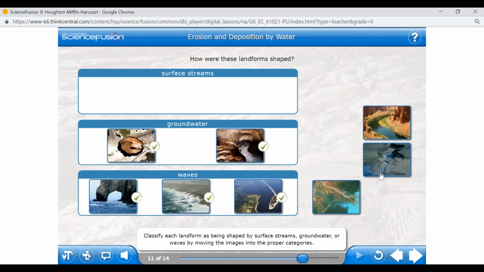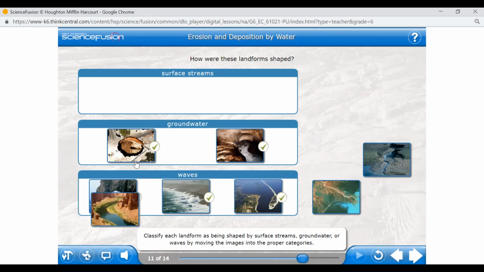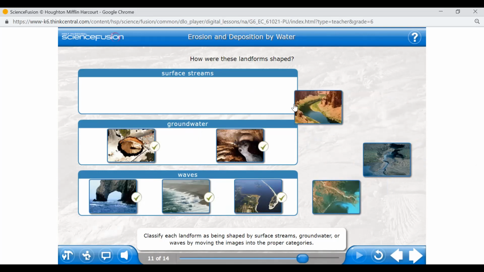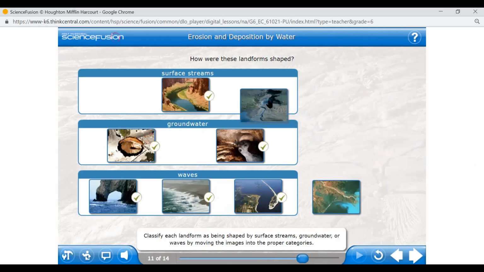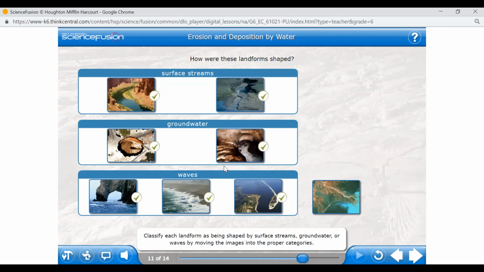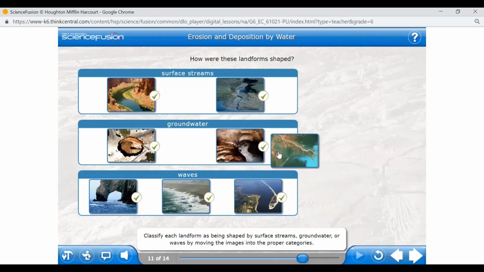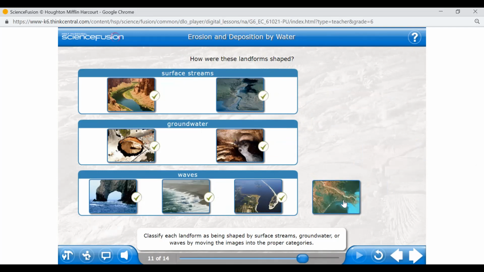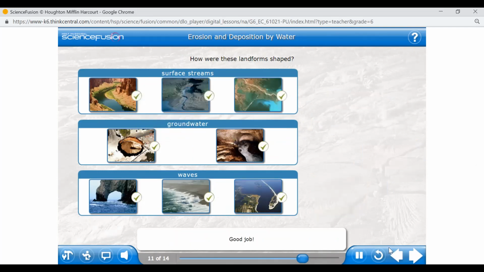Ground. The picture is actually not clear here. This is groundwater here. This is surface stream. Groundwater is just the sinkhole, and the shape is streams here. Right. Good job!